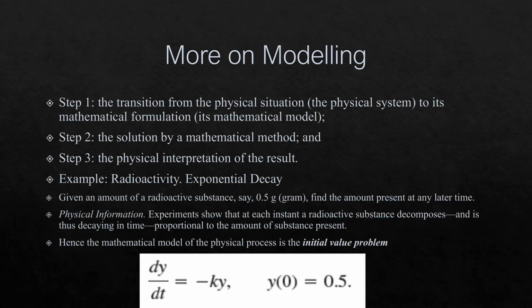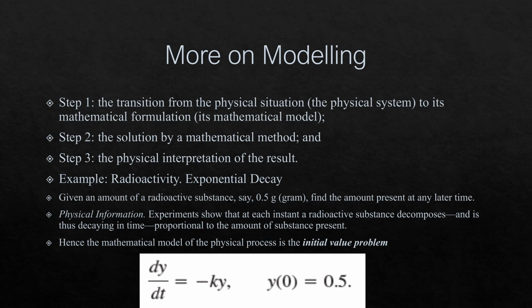Now we look at some more on modeling. The first step is the transition from a physical situation or physical system to its mathematical formulation. It's a mathematical model. So this is the first step in modeling: we have a physical system and we transform it into a mathematical equation.